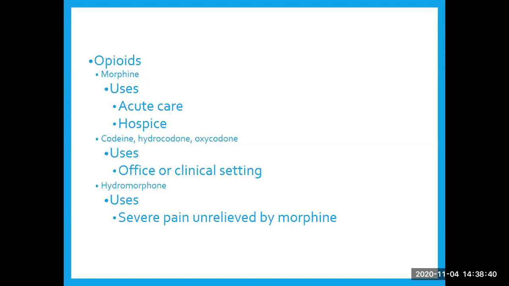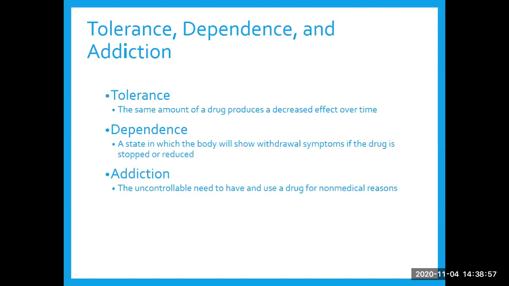And you always want to take into consideration, especially if you're working in long-term care, the older adults are more likely to have some degree of liver and also kidney impairment that reduces the ability to metabolize these drugs. Okay? Tolerance and dependence and addiction. You're going to see a lot of this in your patients now, because the population is different, especially in the long-term care facility. It's not just the elderly anymore.